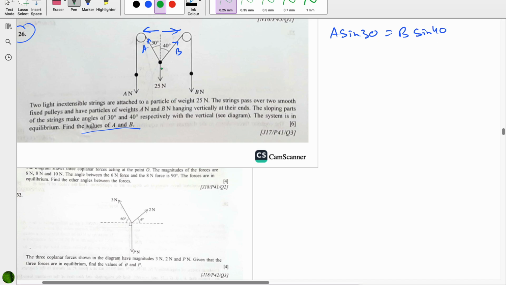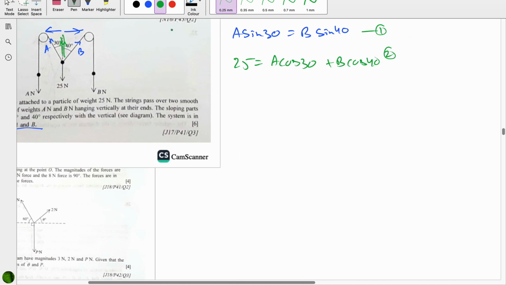On the other hand, when we resolve the vertical forces, both of these are upwards against the weight. So 25 is equal to, when you resolve A, that is A cos of 30 plus B cos of 40. Now we have two simultaneous equations and we solve for A and B. So if I make A the subject in the first equation, that is B sine 40 by sine of 30.